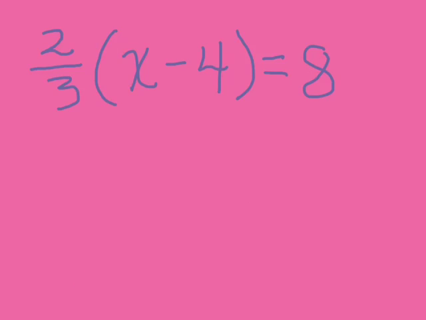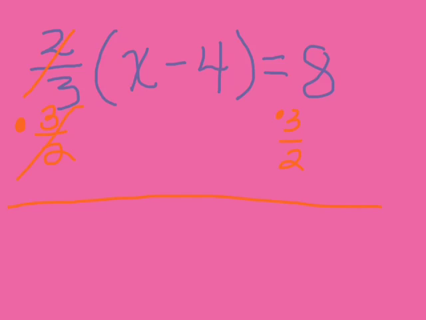2/3 times the quantity x minus 4. So I'm going to start by undoing 2/3. I'm going to divide both sides by 2/3. You might remember that dividing by 2/3 is the same as multiplying by 3 over 2. So I'm just going to go straight for multiplying by 3 over 2 this time.